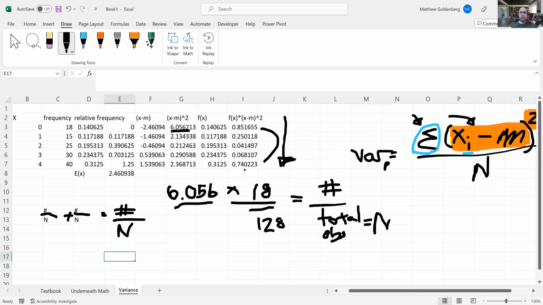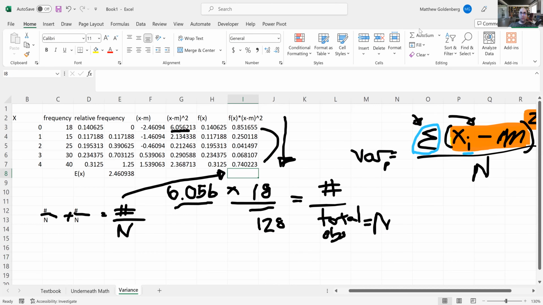And so when we add it all up together, we get some number that represents the average total squared deviation from the mean, which is exactly our definition over here for variance.